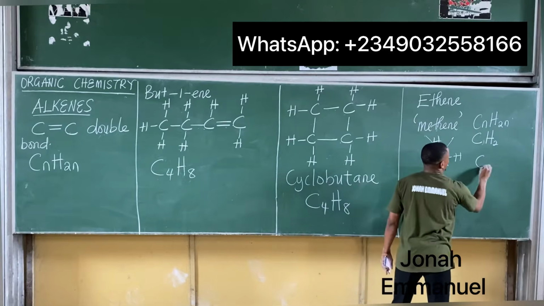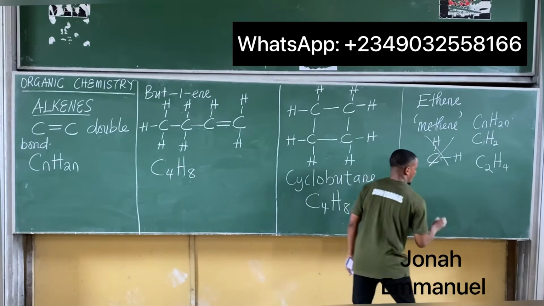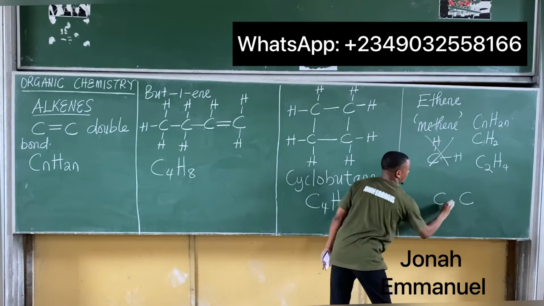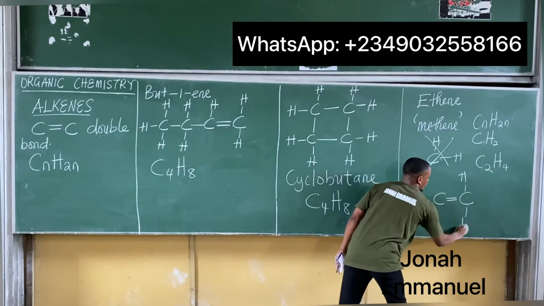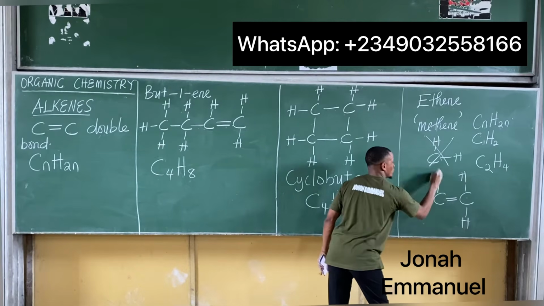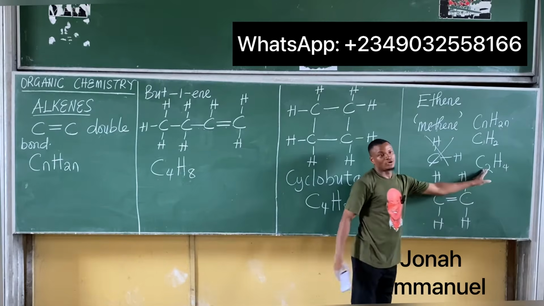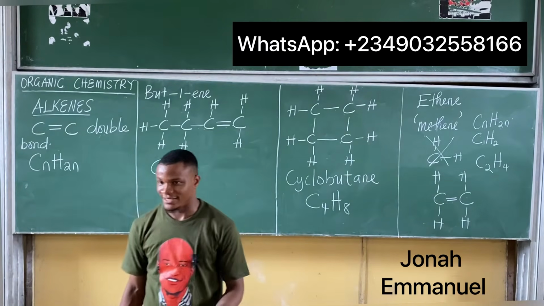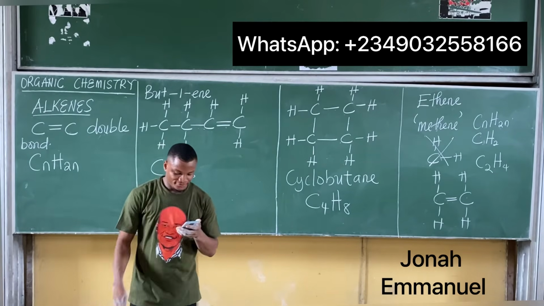I have C2, H into 2 times 2 is 4. Since it's an ene, I'll have a double bond. This one has 1, 2, 3, 4 balanced: C2H4. So the first member of the alkene group is ethene, not methene.